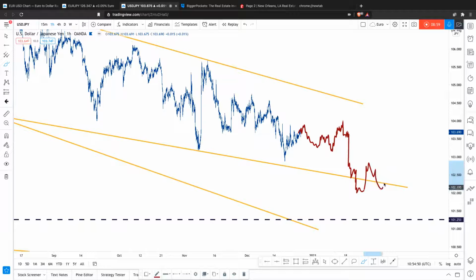Push up, push down, something like so, and bang. I'd re-enter here at the push up, or if we get the third touch of the trend line in the right nature, I'm going to enter on a risk entry there as well.